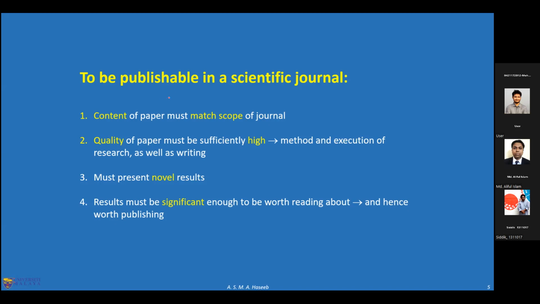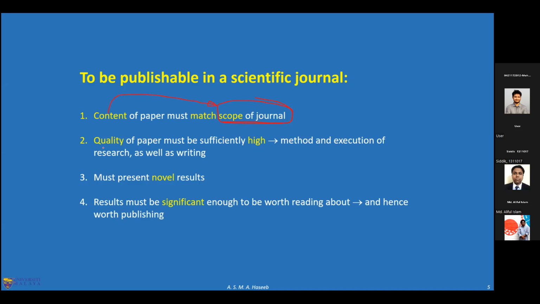There are a few things you may use as tips. First of all, obviously, you have to read the scope of the journal. And there will be a guide for authors, a section that you have to read very, very carefully. And the content of your manuscript must match the scope of the journal you are targeting.